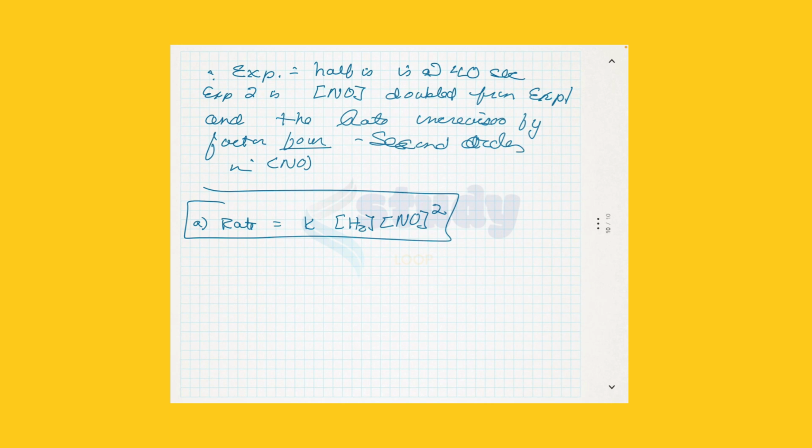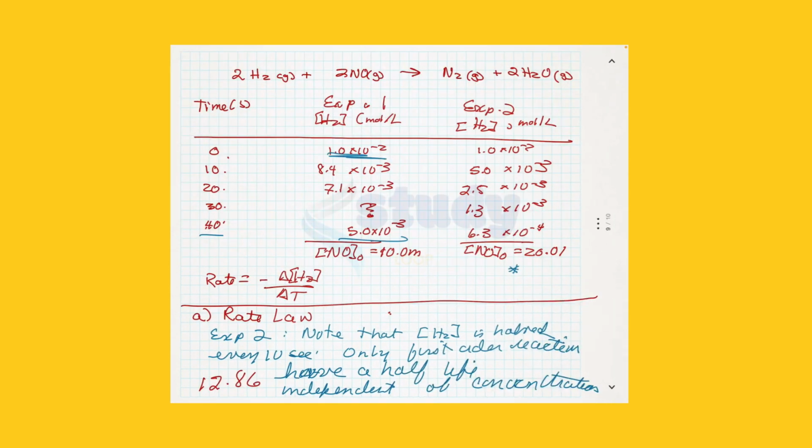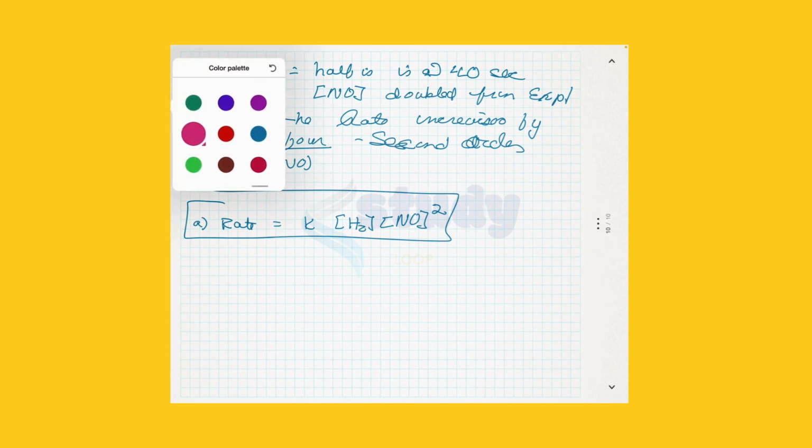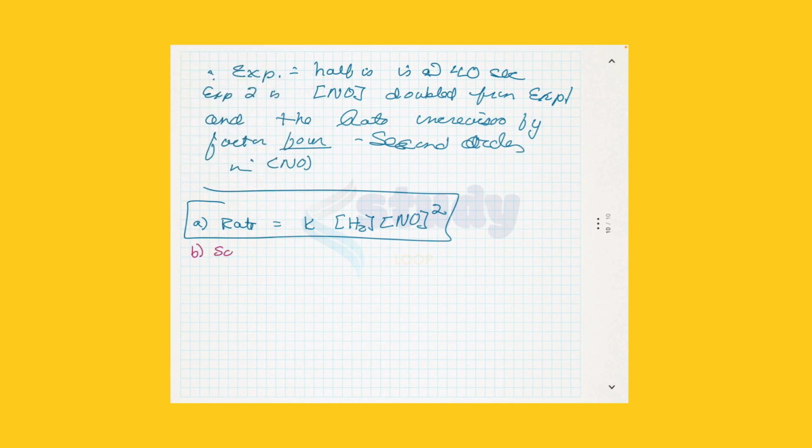Okay, and then what problem am I on here? 1286. Oh, sorry about this.